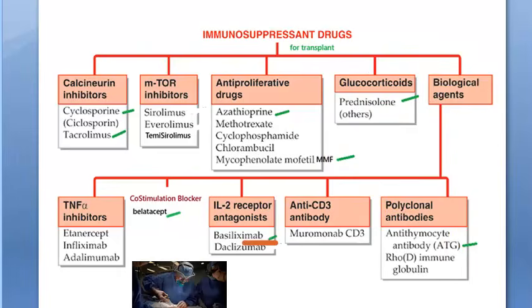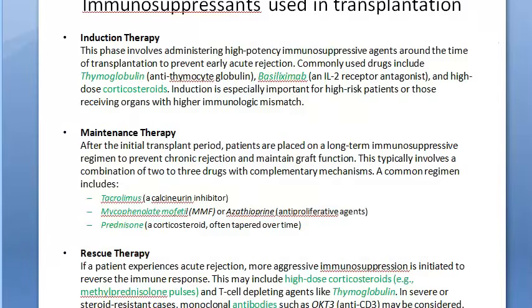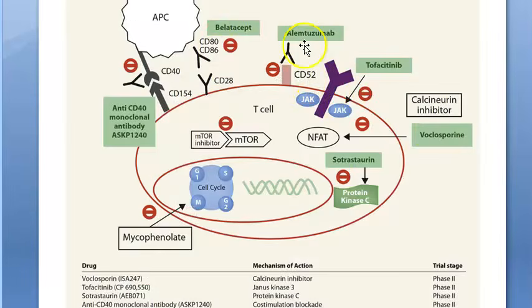It is directed against CD25, the IL-2 receptor alpha chain, which is expressed on activated T cells. Let's see if it is there in the diagram. I don't see basiliximab here. Okay, no problem.